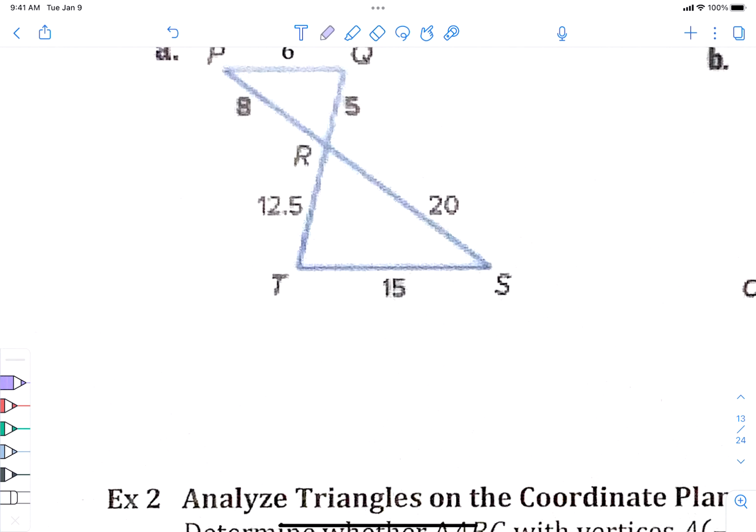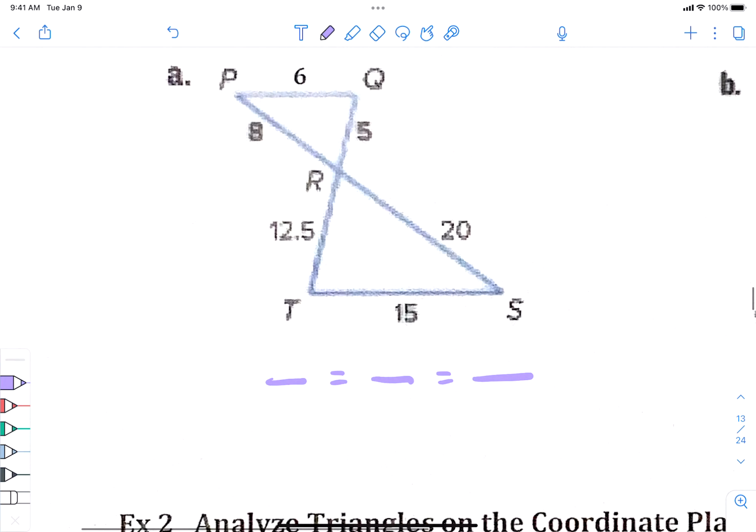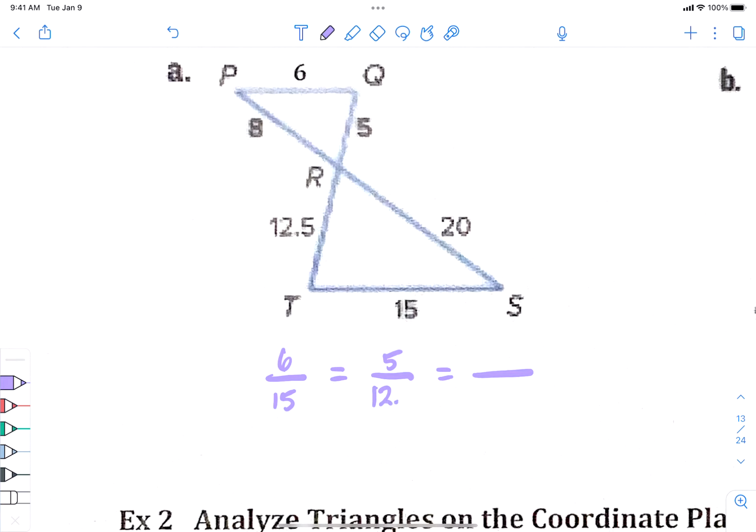So this over this has to be equal to this over this, which is equal to this over this. And we're going to reduce them and figure out what they are. Okay? So let's start. What side over what side? 6 over 15. That's a good place to start. Next one. 5 over 12.5.